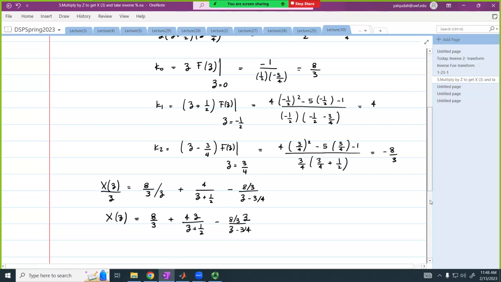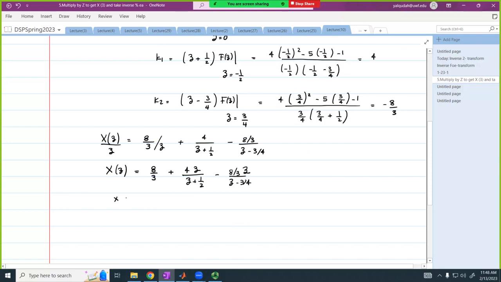Okay, so what is x of n? What is the inverse of 8 over 3? 8 over 3 delta. Excellent. 8 over 3 delta of n. What is the inverse of 4z over z plus 1/2?